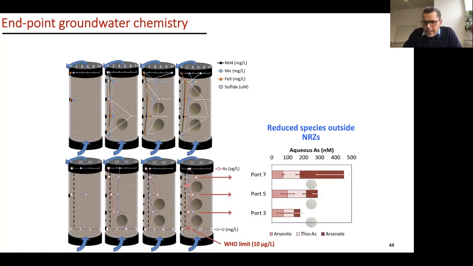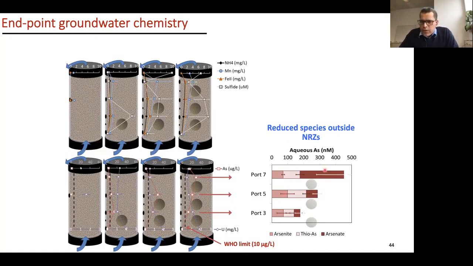And what we see here is almost all the time when we had these reducing zones introduced, arsenic was much higher than that. Even when we just added one of these, the arsenic was already higher than the allowed permissible limit.